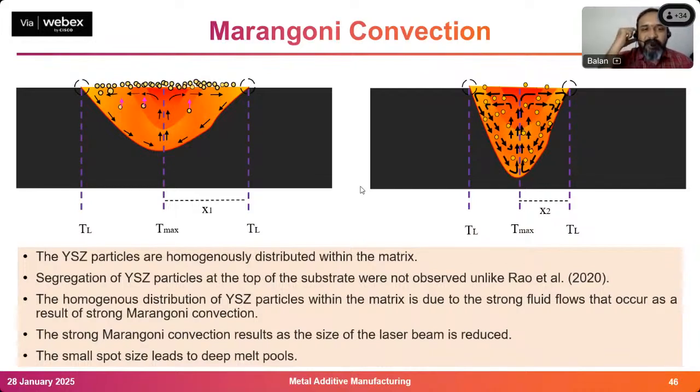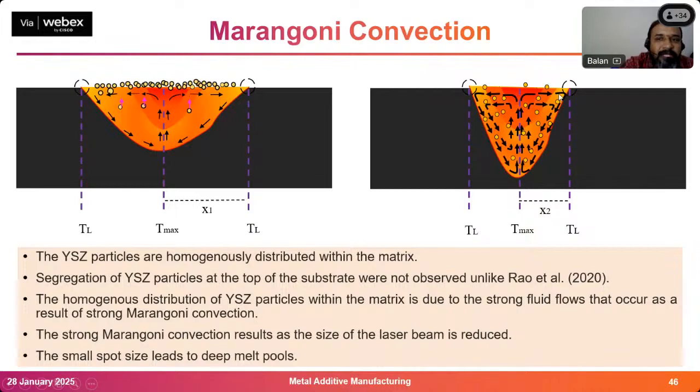When we go with the normal spot size, all your YSZ particles are on the top. When you reduce the spot size from 12 micrometers to 6 micrometers, I get a very shallow pool.